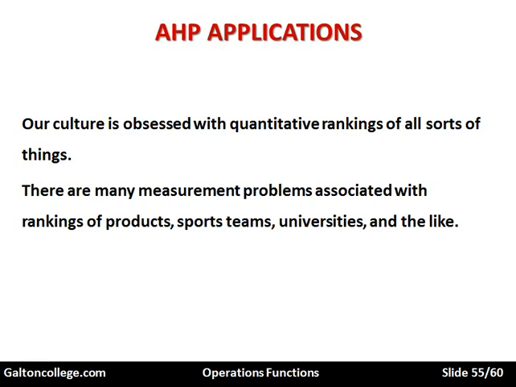There are many measurement problems associated with ranking of products. Sports teams, for example. Which sports team is best? Which football team is best? Which one has the best quality? Which university is best? Which college is best? We're constantly trying to work out quality.